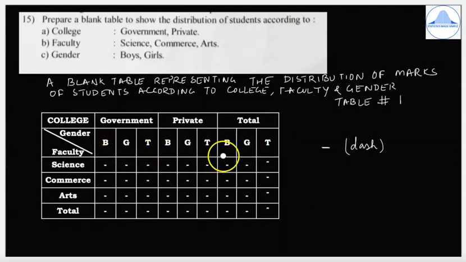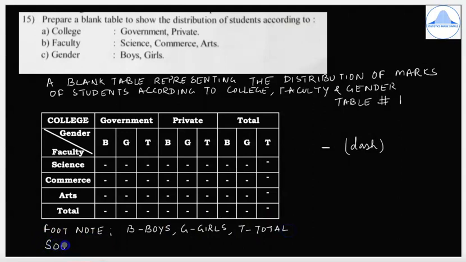Since we are using abbreviations in the table, you have to mention it as a footnote below the table. So under footnote, you can mention that B stands for boys, G stands for girls, and T stands for total.